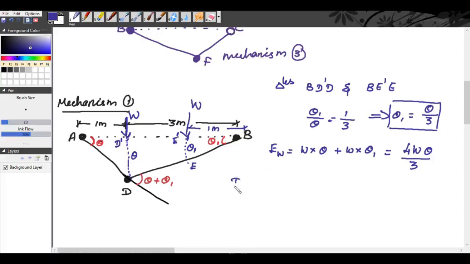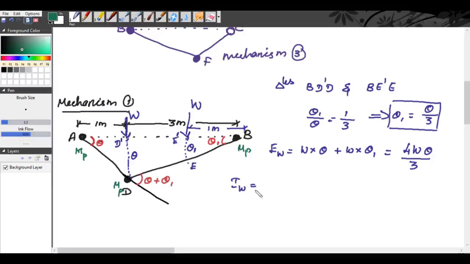Similarly, our internal work done will be equal to our plastic moment into the angle of rotation, right? We have plastic hinges at A, D and E. So let us take the plastic moments. It is not given in the question how much the plastic moment is, so let us take the plastic moment at every point to be MP. So MP, MP and MP.